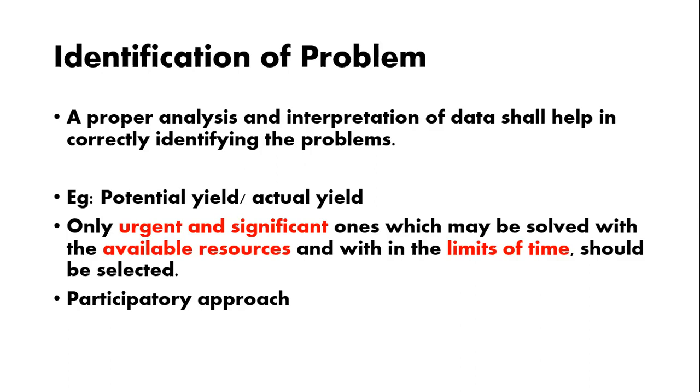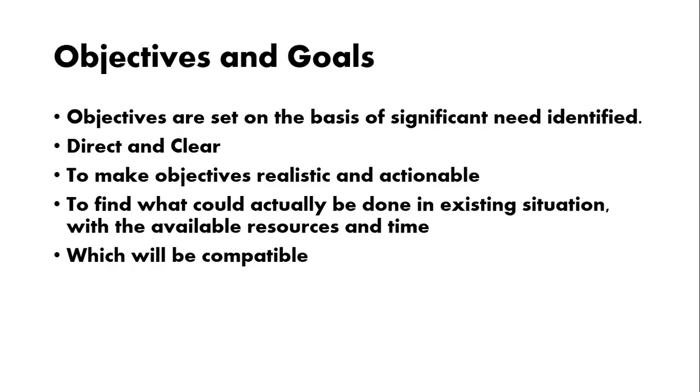So what you need to keep in mind at this stage is to go with proper analysis and interpretation. Then you can identify the problems. After that, you have to find out objectives and goals.